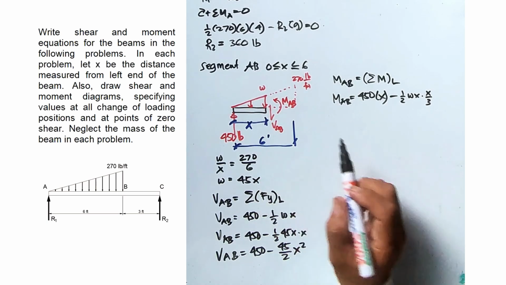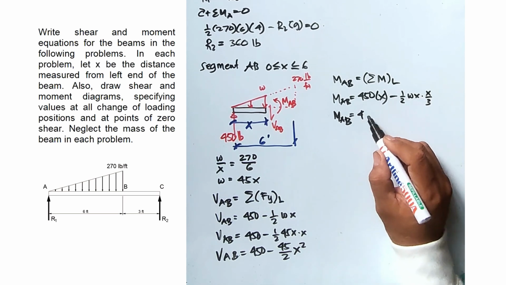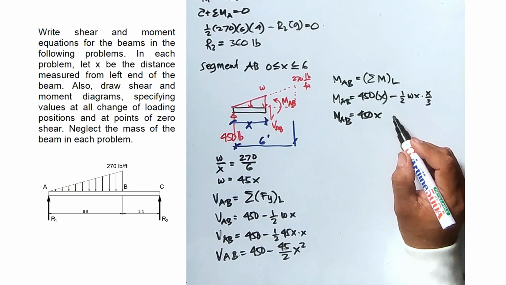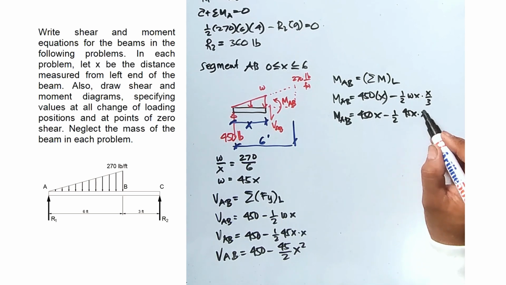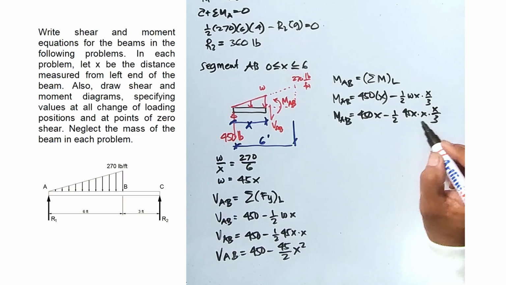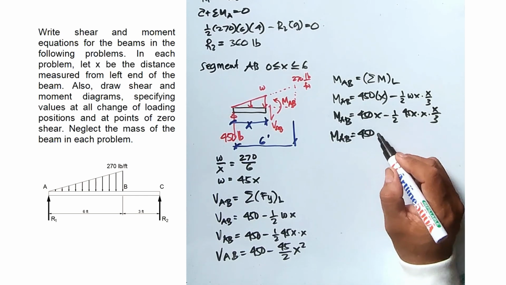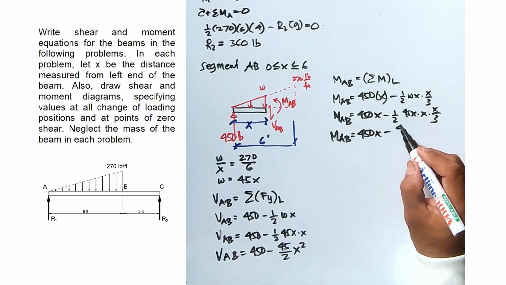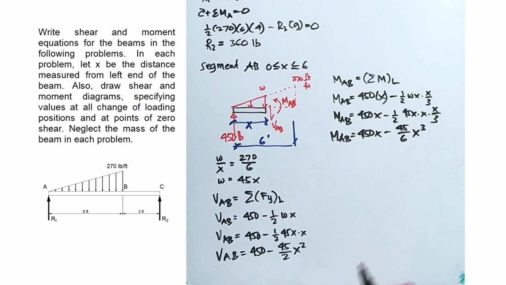That's 1/3 of x. So moment AB is 450 times x minus 1/2 of W, which is 45x, times x over 3. So our moment AB is 450x minus 45 over 2 times 3, which is 15/2 x cubed.